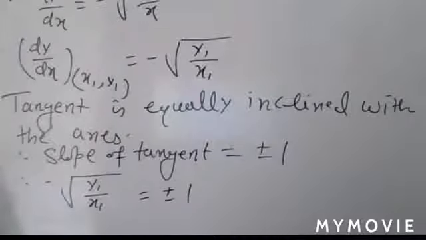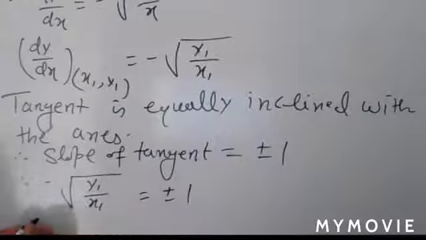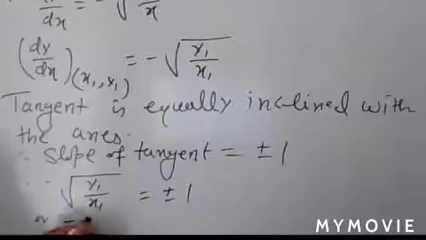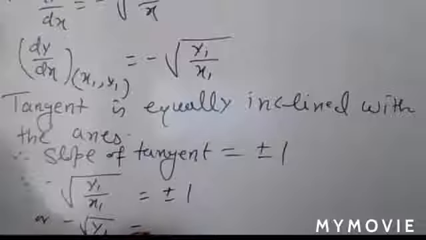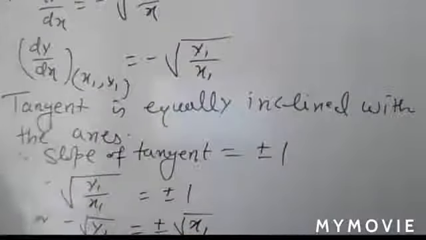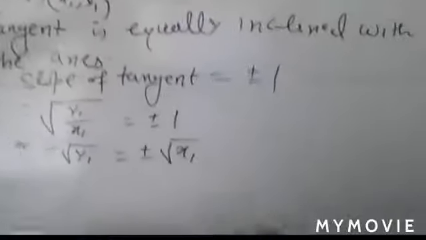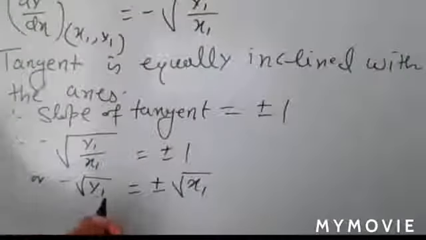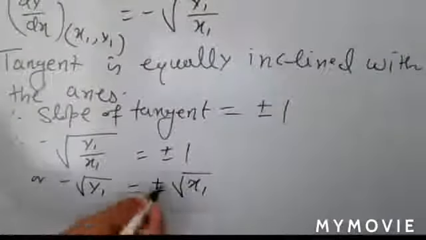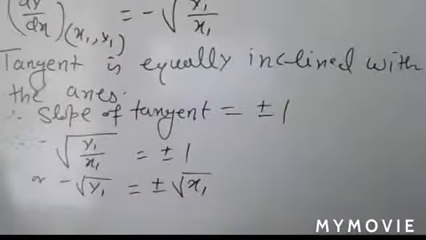Any doubt? So in this way, here you have your value. Or you can also write it as minus times of under root y1 is equal to plus minus times of under root x1. You can write in this way also. Or you can also write it as y1 is equal to minus plus x1 under root x1.